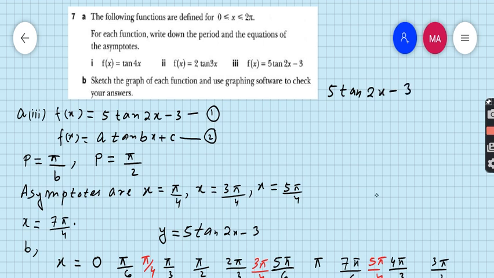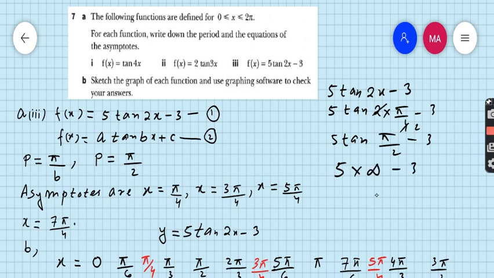I have written the first asymptote is pi upon 4. 5 tan 2 into pi upon 4 minus 3, which is 5 tan pi upon 2 minus 3. If you find 5 tan pi by 2 minus 3 from your calculator, you will get math error. Or if you simply find tan pi by 2, you will again get math error.